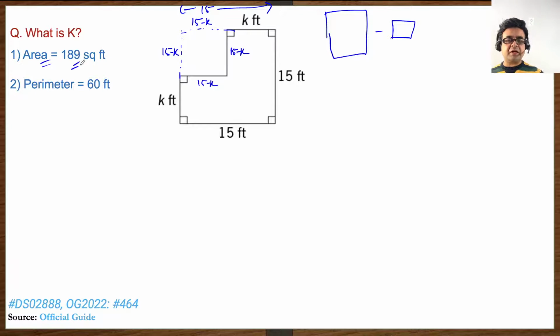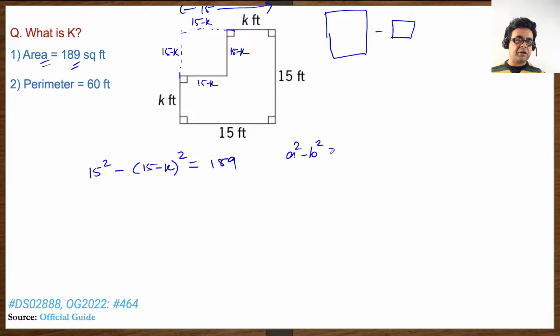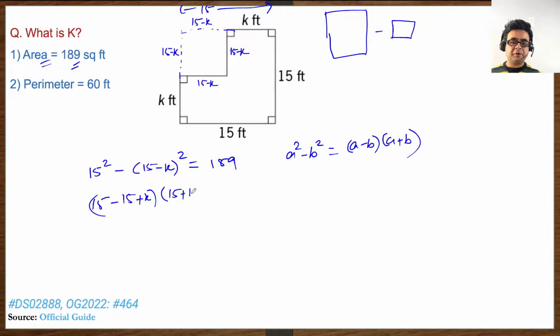We are given the area is 189, so I'm going to write this down very quickly. It equals 189. I can solve it with the a squared minus b squared equals a minus b into a plus b property. So this would be 15 minus 15 plus k into 15 plus 15 minus k equals 189.